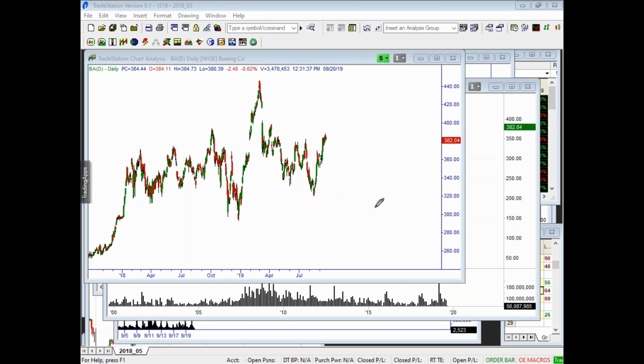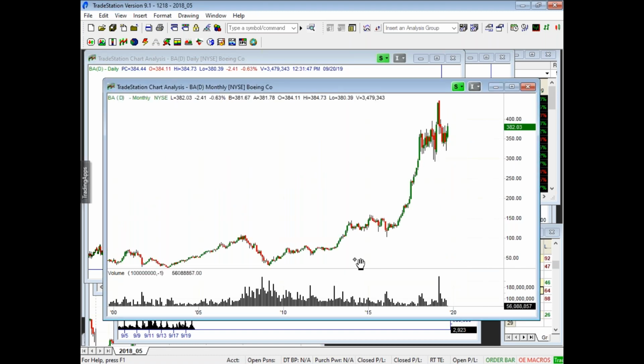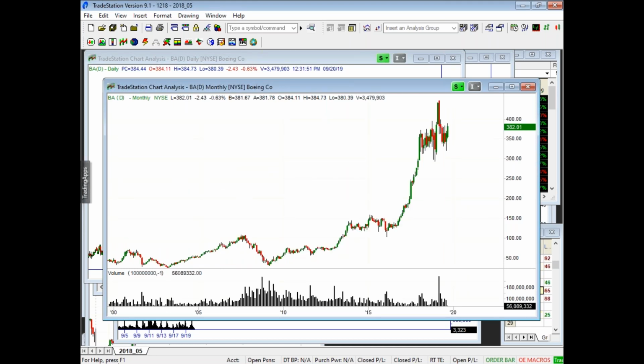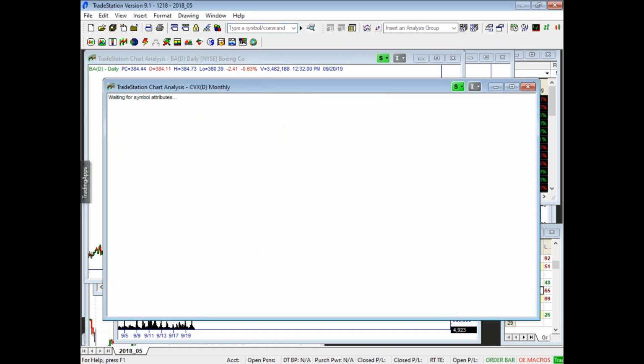Overall, there's not anything to give me a short at this point, but because of the extension on the larger time frames, that does concern me. There's nothing really solid for a reversal yet. Could be many years before we see a good correction in it still.